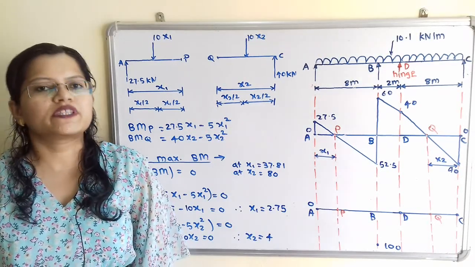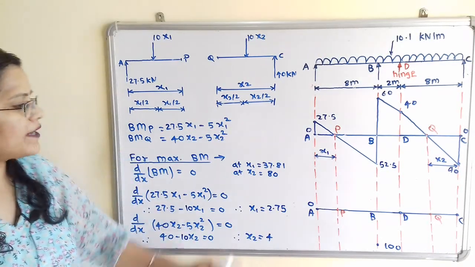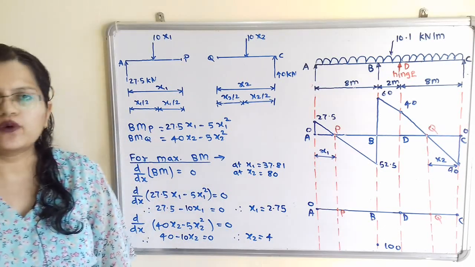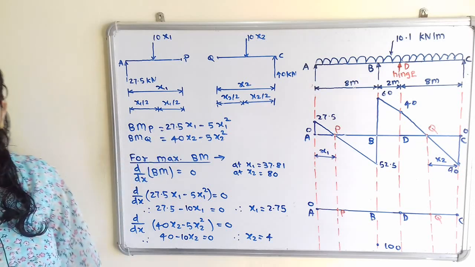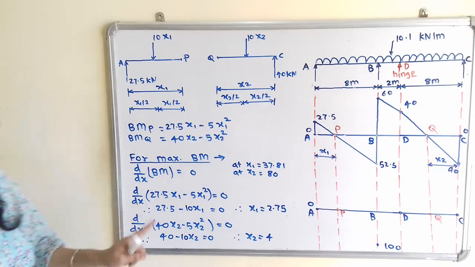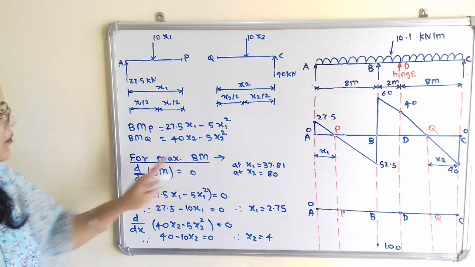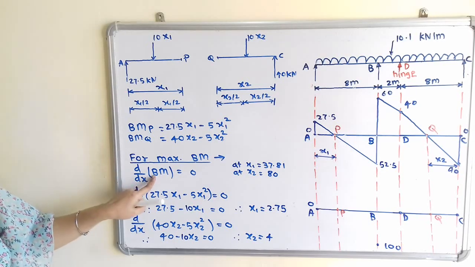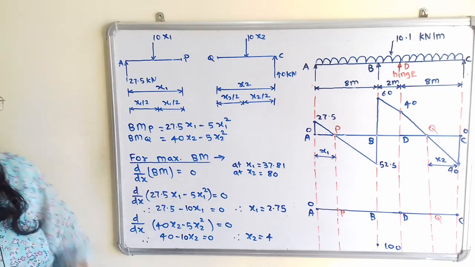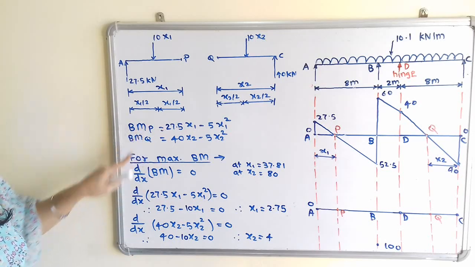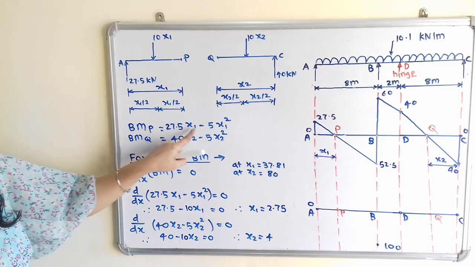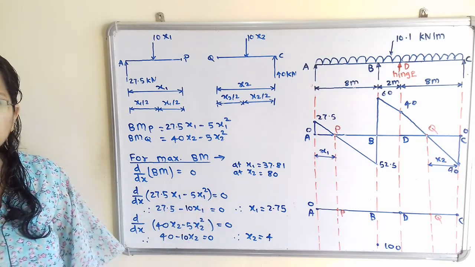To find out the maximum bending moment at point P and at point Q, we have to differentiate these formulas with respect to x. So here is the formula for maximum bending moment: d by dx of bending moment is equal to 0. So we will differentiate bending moment at point P with respect to x1 and equate it to 0.